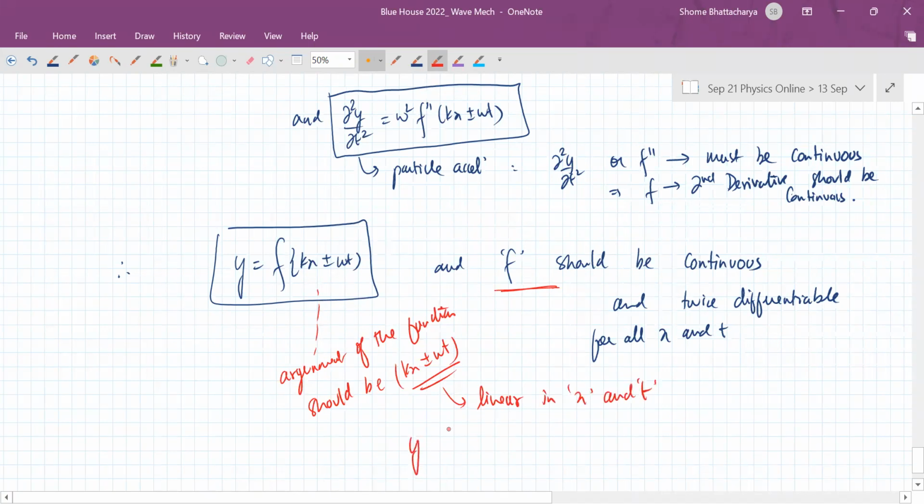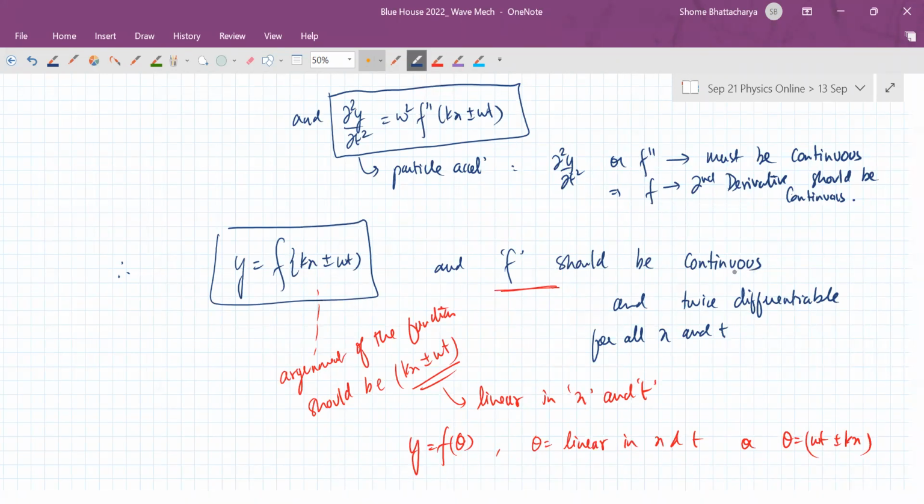Okay, so y is basically something like this, where this should be linear in x and t. But in addition to that, it should also be twice differentiable. That is, the function should be continuous for all x and t, its derivative should exist, and its second derivative should also exist at all values of x and t.